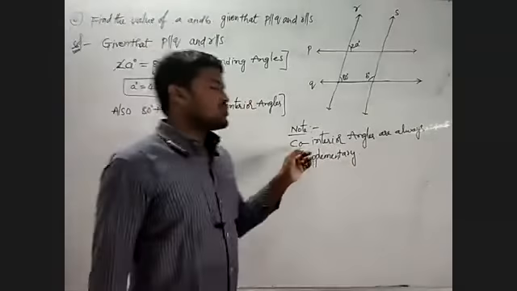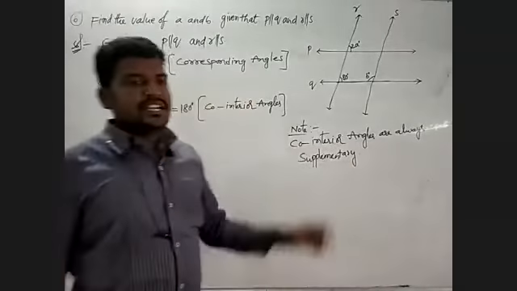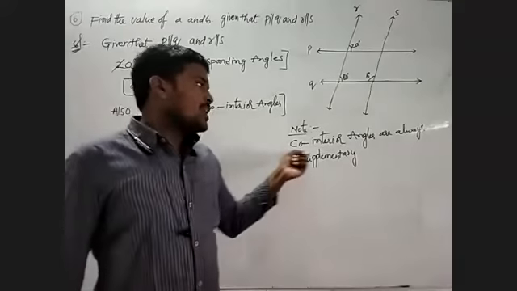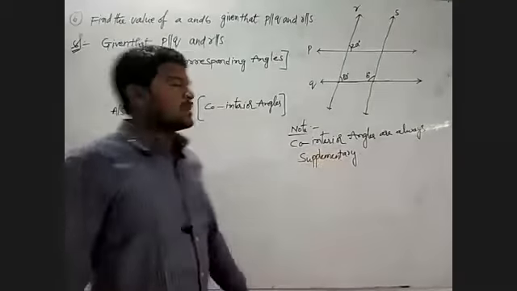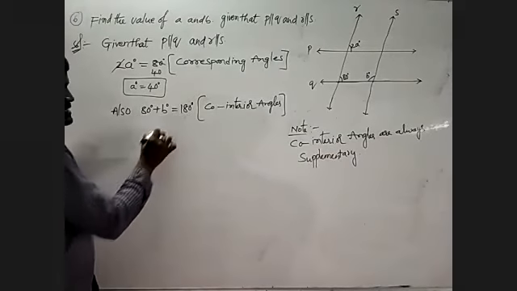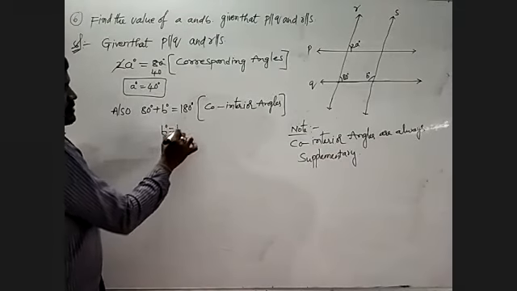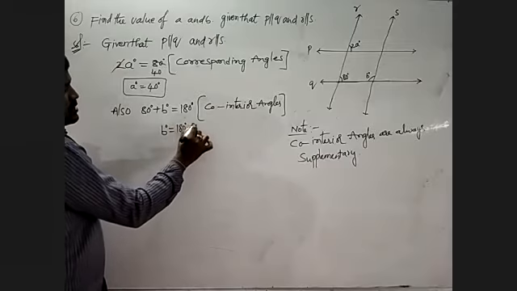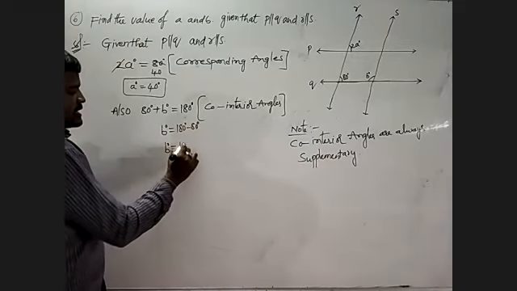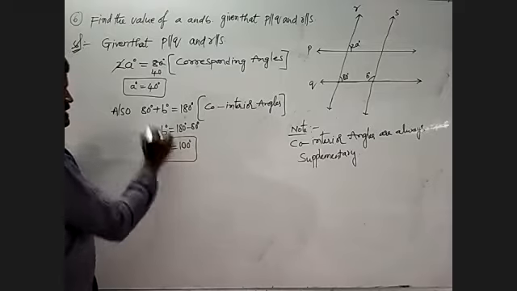If the sum of two angles is 180 degrees, then it is known as supplementary. The co-interior angles are always supplementary, so 80 degrees plus B degrees is equal to 180 degrees. After that, B degrees is equal to 180 degrees minus 80 degrees. That is the value. B degrees is equal to 100 degrees.